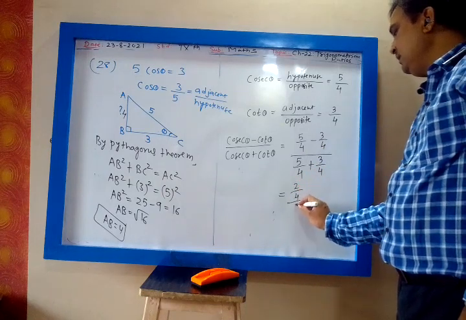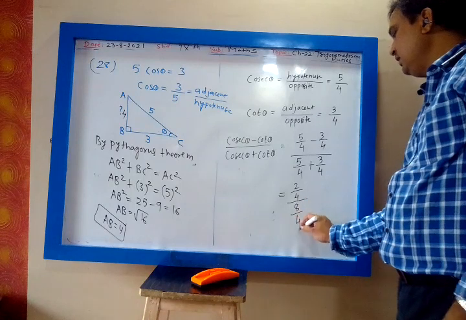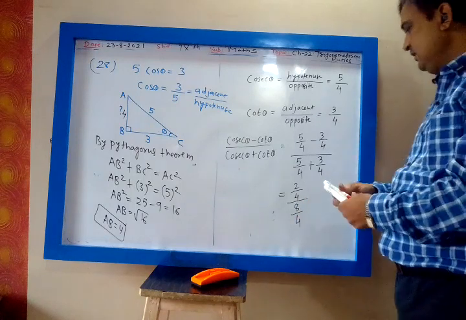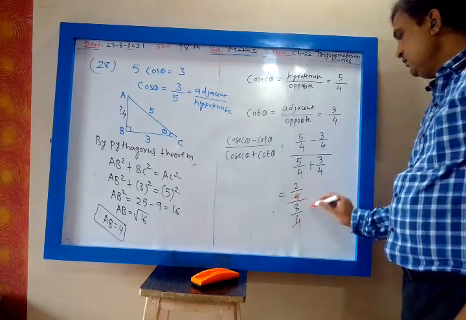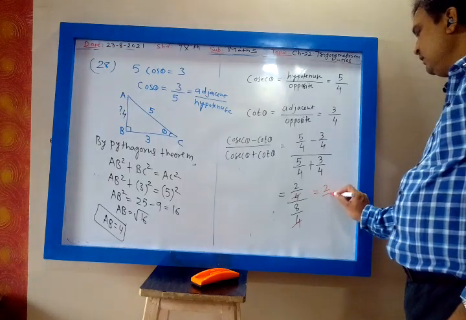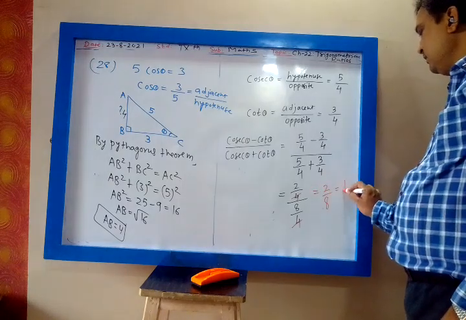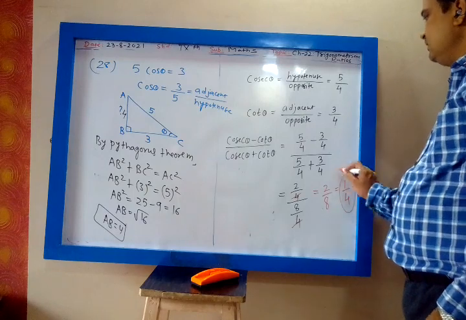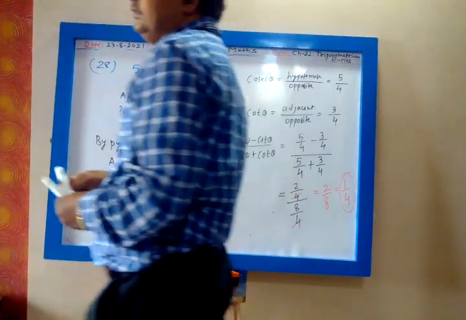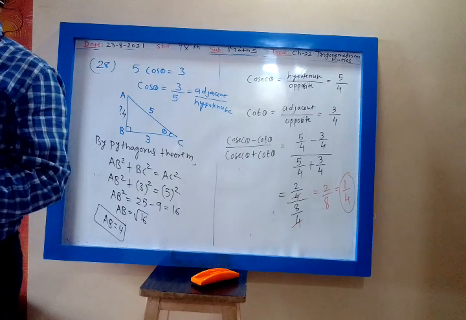Then 5 plus 3 is 8 by 4. The 4s get cancelled. So the answer is 2 by 8, which is 1 by 4. Follow this. 1 by 4.